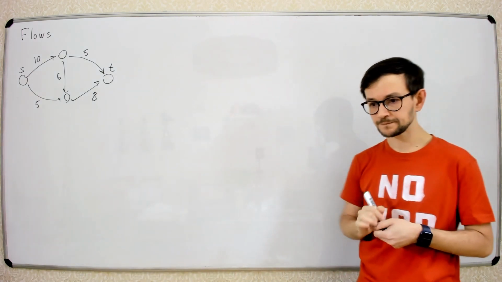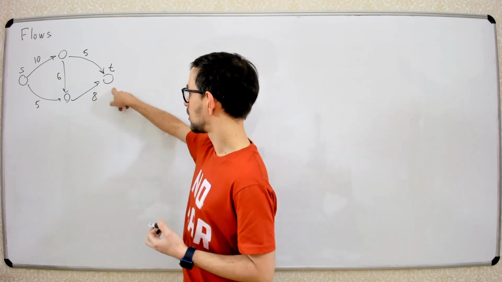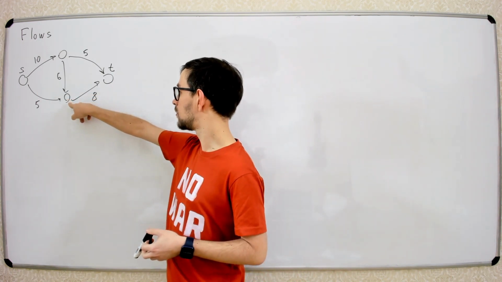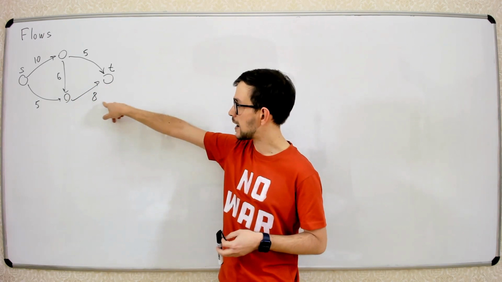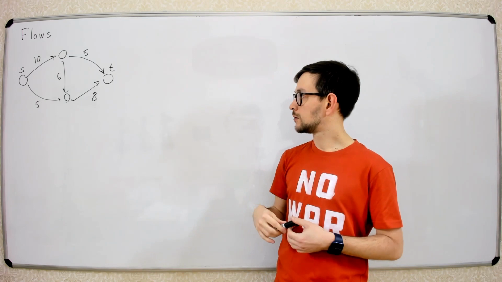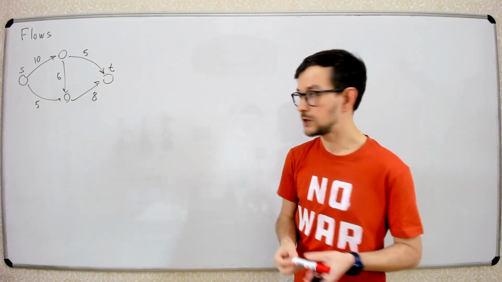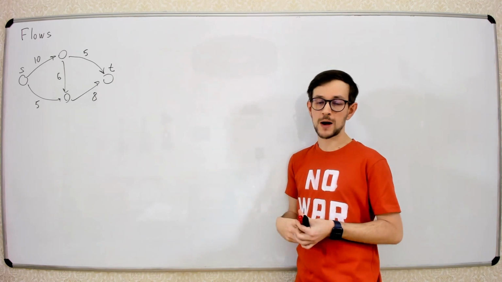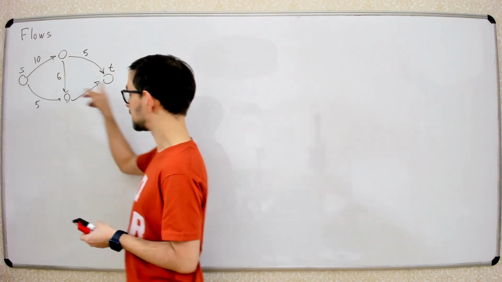Something like that. So for this edge, for example, we can from this vertex to this vertex flow 8 units of liquid per second, right? And the problem is very intuitive, so we need to find the maximal amount of liquid which can flow from source to sink.